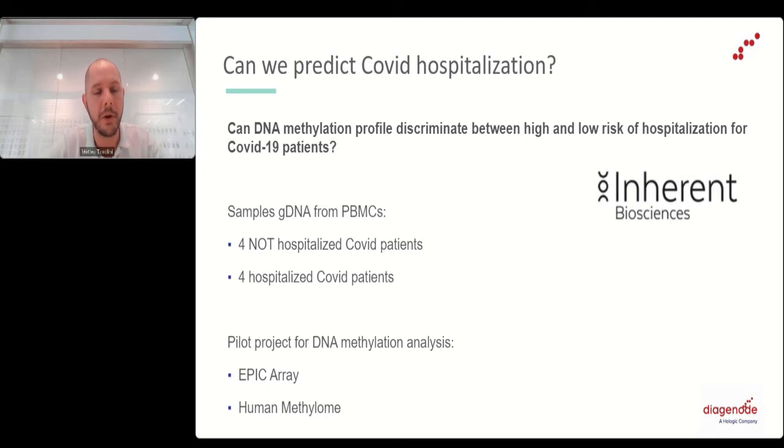For that, they collected blood samples, selected PBMCs, and extracted genomic DNA. We got 4 genomic DNA samples from PBMCs of non-hospitalized COVID patients, and 4 samples from hospitalized COVID patients. With the same DNA, we performed a pilot study with the EPIC array and with the human methylome.